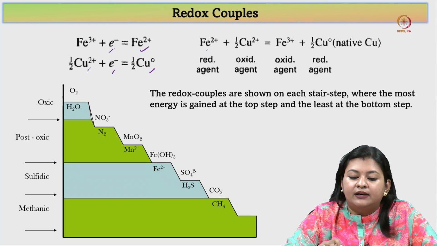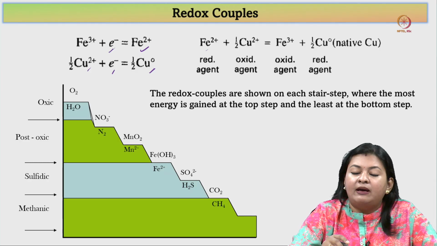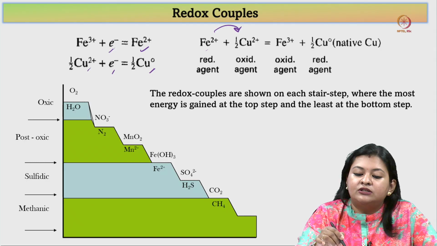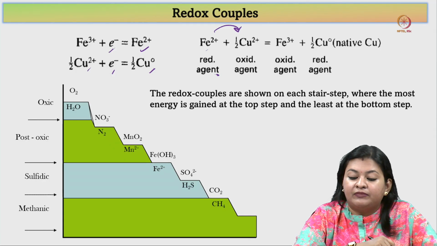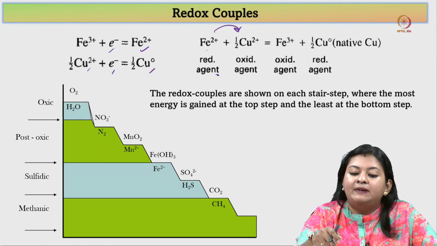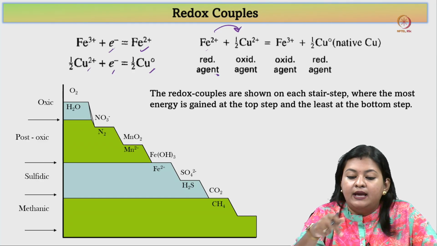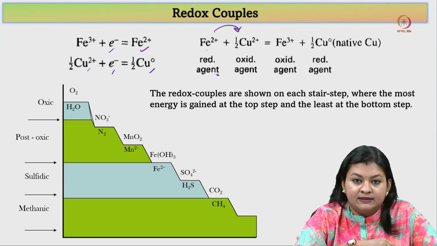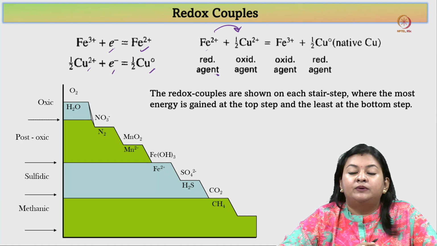So, what we are seeing here is that Fe2 plus will give up one electron, and that will be accepted. So, this is the reducing agent. The reducing agent gives out the electron. That electron will be accepted by my copper, and Fe2 plus will get oxidized to Fe3 plus, while my copper will accept and turn to the metallic state.